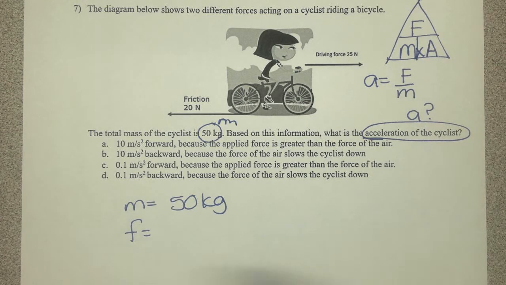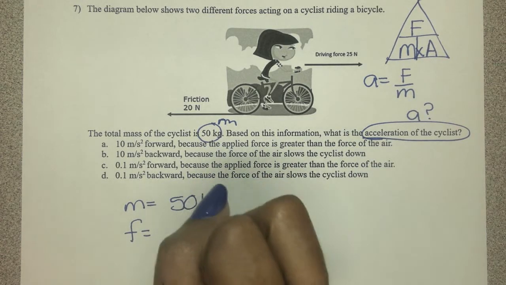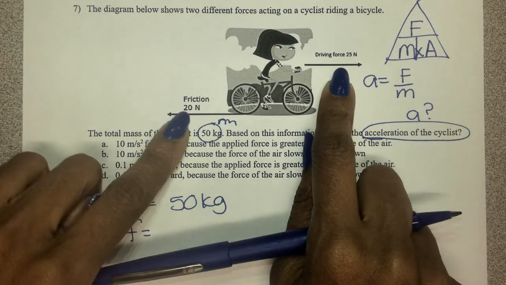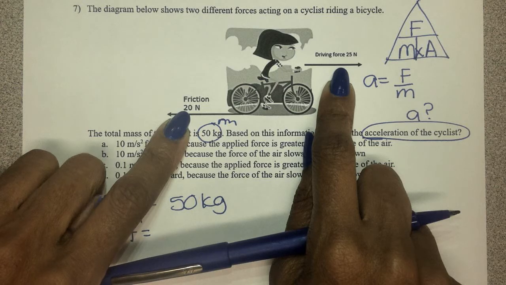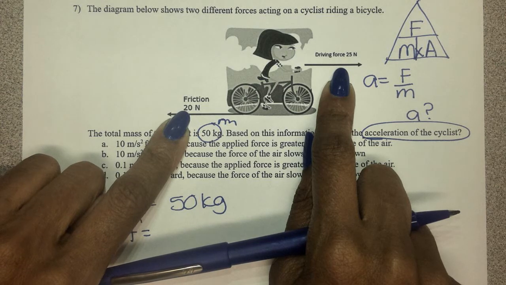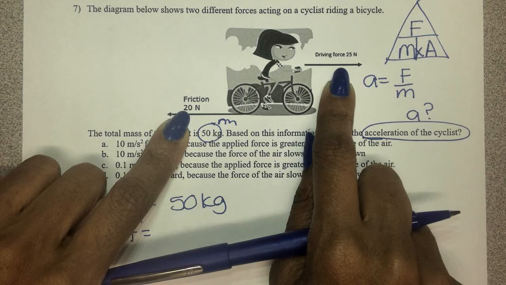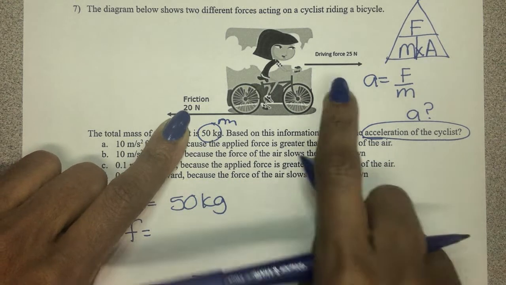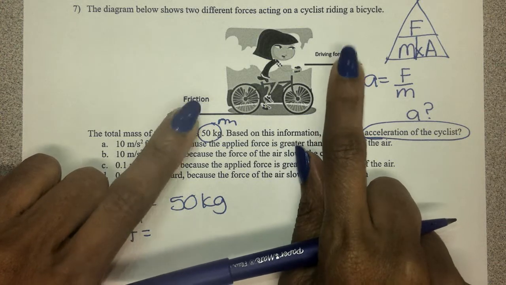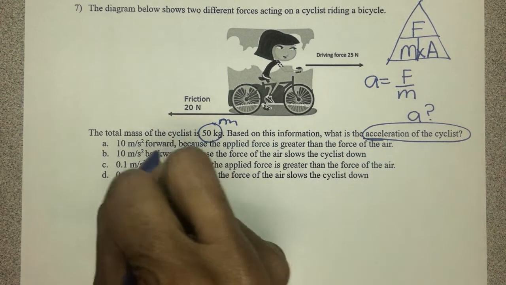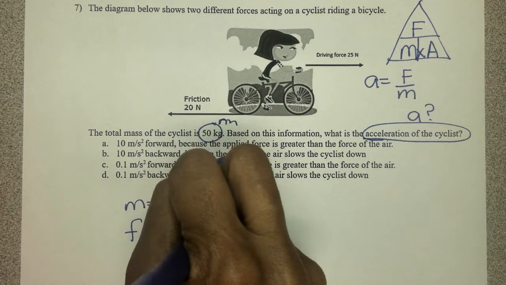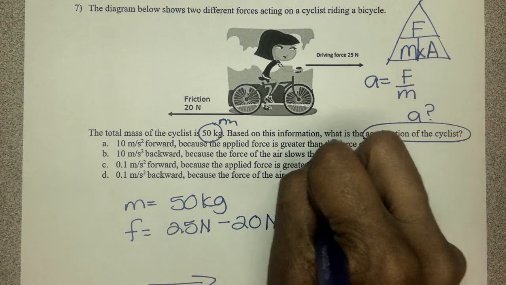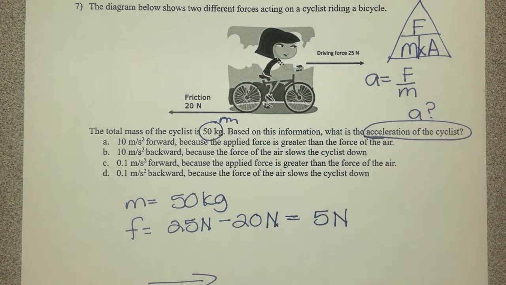Okay? So your force, you have 25 newtons to the right, and you have a friction of 20 newtons to the left. Okay? So the bicyclist is going to move to the right because that's the greater force. But we need to subtract to find the net force. So 25 newtons minus 20 newtons. So your force is 5 newtons.